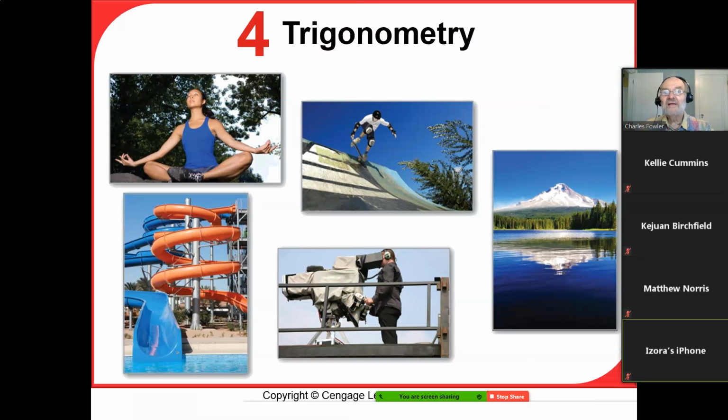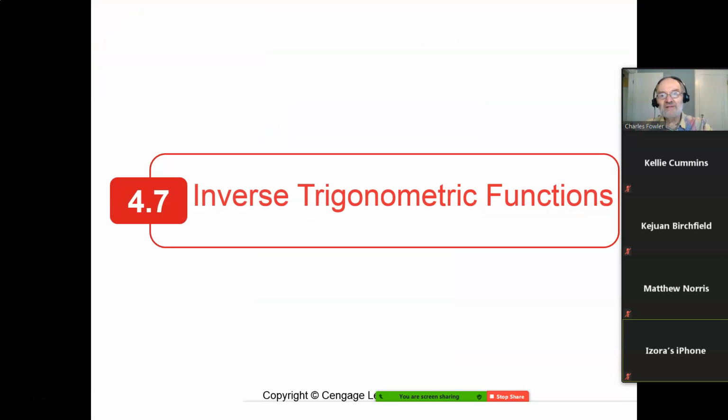Okay. Still in chapter 4, next to last section, 4.7. Here we're talking about inverse trigonometric functions. Let's do a quick review of math in general. After you learn to count, probably the first operation you learned was adding. And you learned those adding tables like crazy.